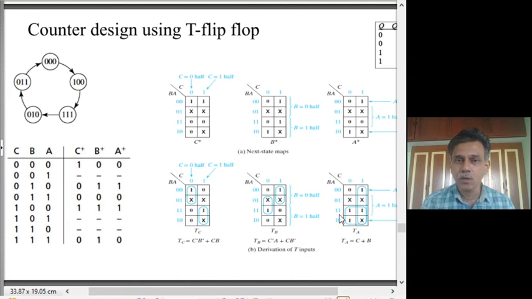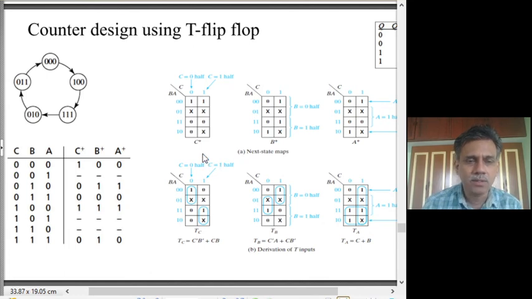Rather, we would like to get these K-maps from these 3 K-maps. That is, from the K-map for A plus, can I derive the K-map for TA? From B plus, can I derive the K-map for TB and so on? That is possible if you carefully look at the property connecting C plus and TC.